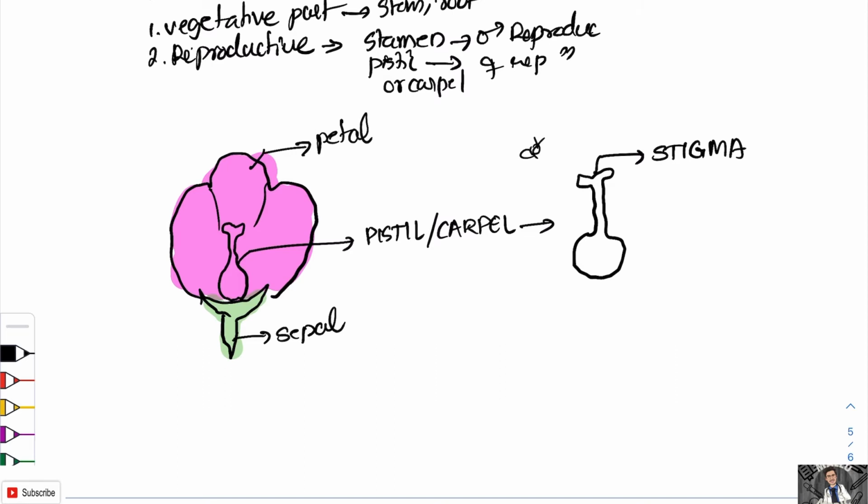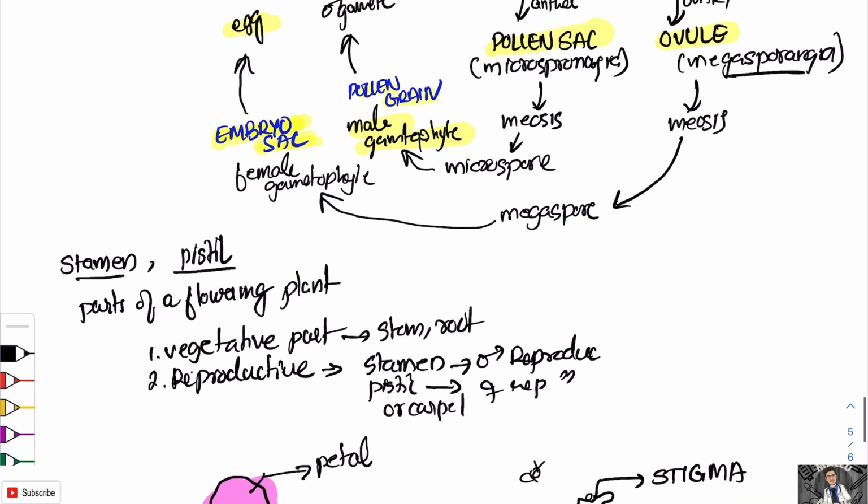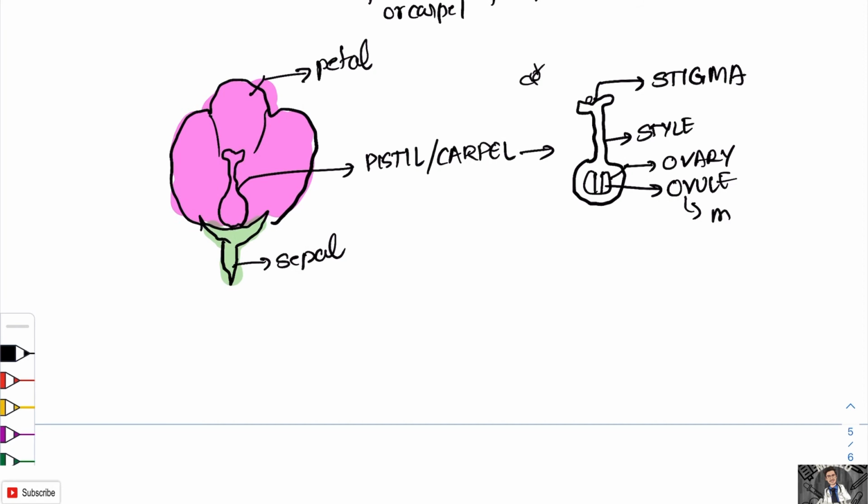It bears the male gamete, and when it comes over here to suck the nectar, the male gamete is deposited at the stigma. Another part of the pistil is the style, and the bottom swollen part is the ovary, and within the ovary you have the ovule. And where else did you see ovule? So ovule is also known as the megasporangium of flowering plants.